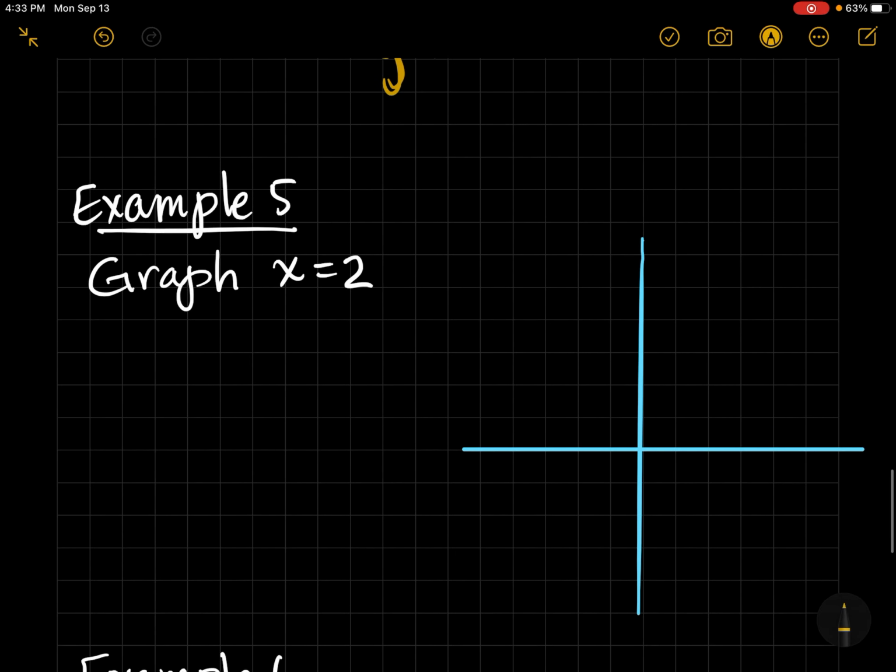So if we want to graph x equals 2, we go to the x-axis, find 2, and make a perpendicular line through it. That's very fast, very easy. And what I want you to notice is that every point on this line has an x-coordinate of 2.